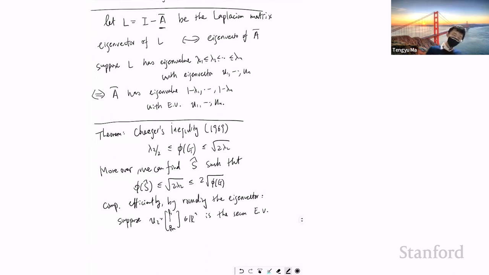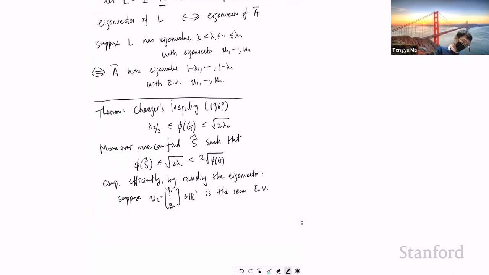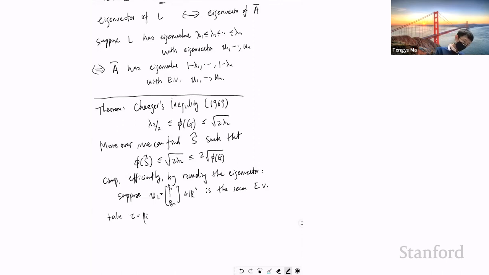You can take a threshold tau, which is chosen to be beta i, and consider the set S hat i to be all the coordinates j that satisfy beta j is less than tau.